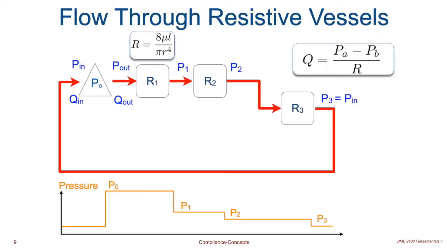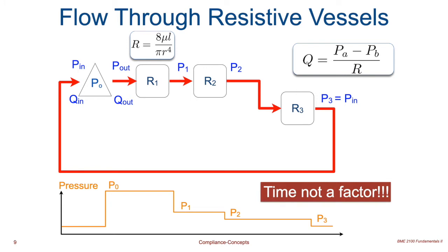And we can completely characterize this system, and we can even draw a curve like this that shows how the pressure drops. And the pressure will drop more through a high resistance vessel than through a low resistance vessel. That's why the steps can be slightly different sized. But at the end, the pressure at the right side, that P3, is going to be equal to the pressure we have on the input again. That's the P in. And that's the schematic and explanation of a purely resistive flow.